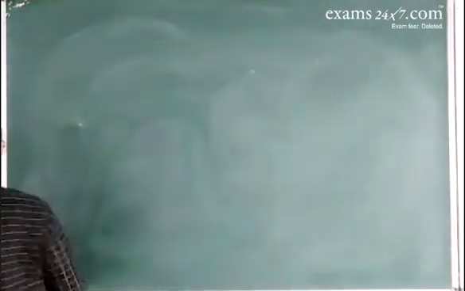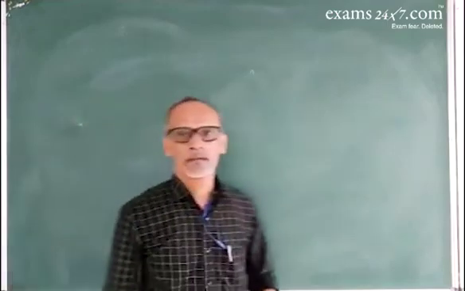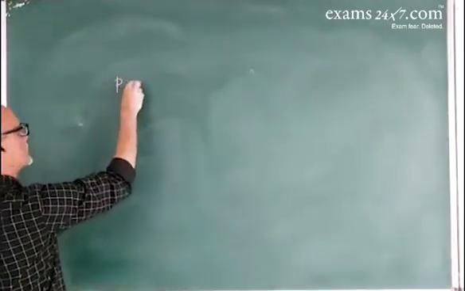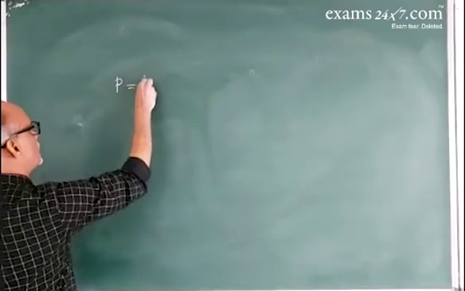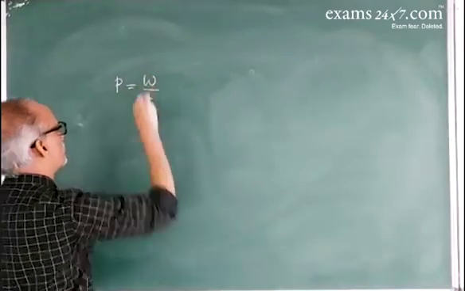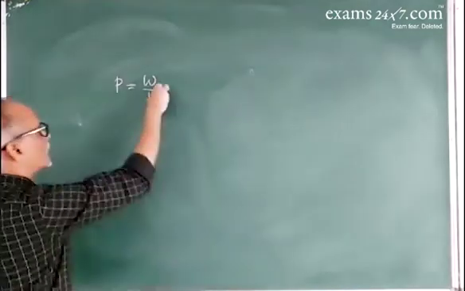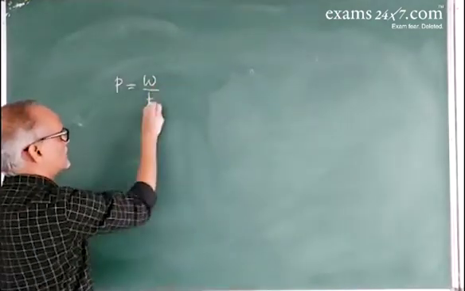When work is done by a body, the rate at which the work is done is measured as power. So power is equal to work done by the time taken. Work is measured in joule, time is measured in seconds.